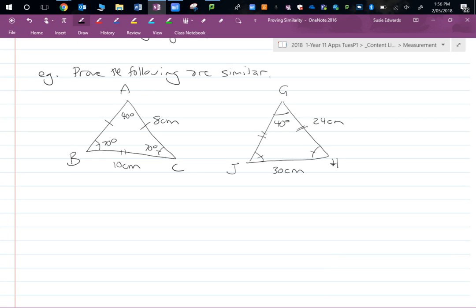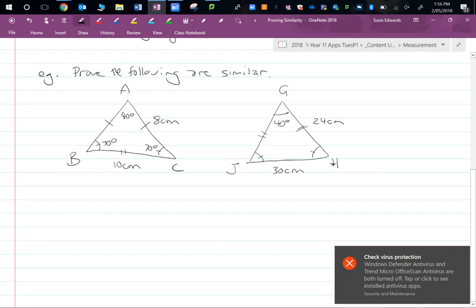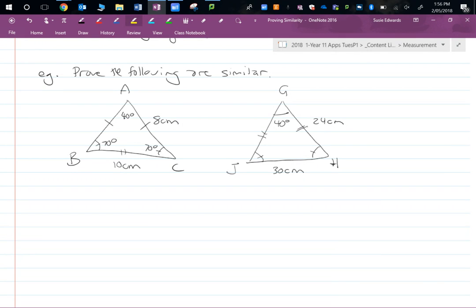The way I would make sure I can understand which sides are corresponding is I would use a highlighter, which you should always have in your tests, preferably a couple of colours. I'd go, okay, which angle is corresponding to A? G. And if I highlight it, I'm now just looking at the yellow. They're the yellow ones, okay? Which one's corresponding to B?